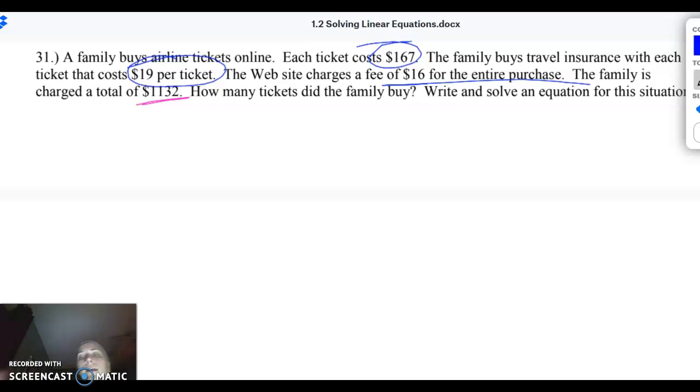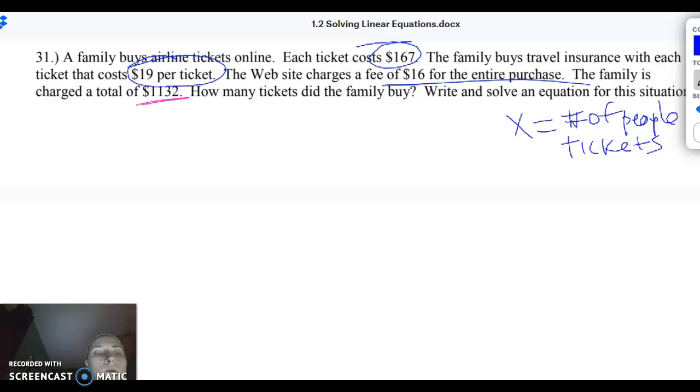So, x is going to represent number of people, because we want to know how many tickets they bought. So it could also represent the number of tickets. Okay, can you recognize that those are kind of interchangeable there?